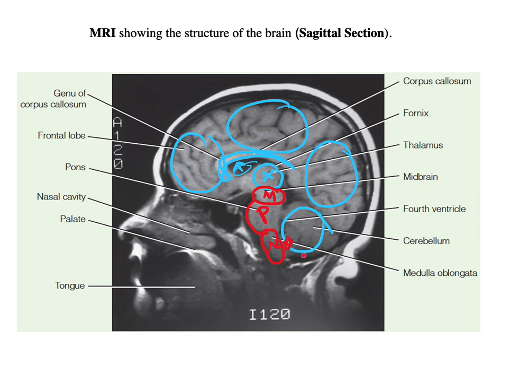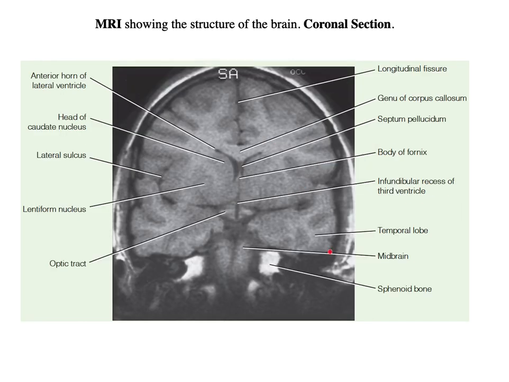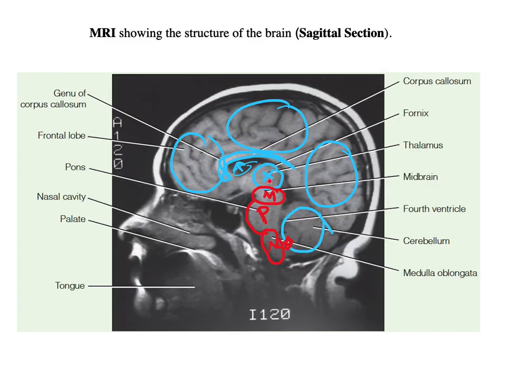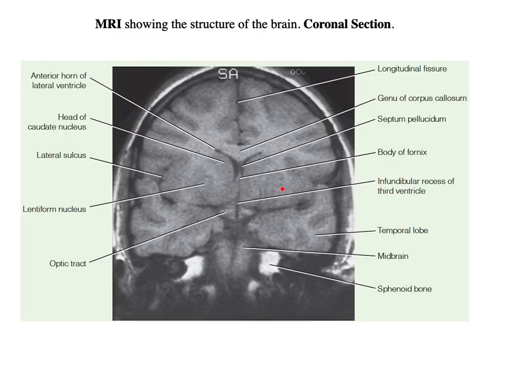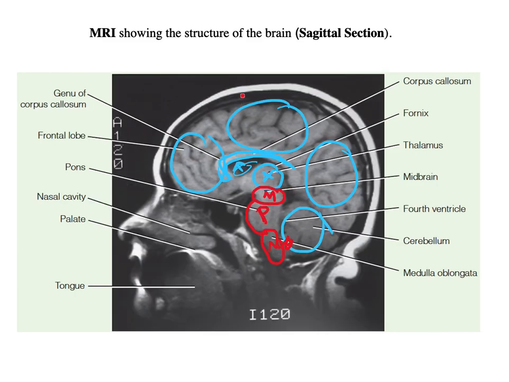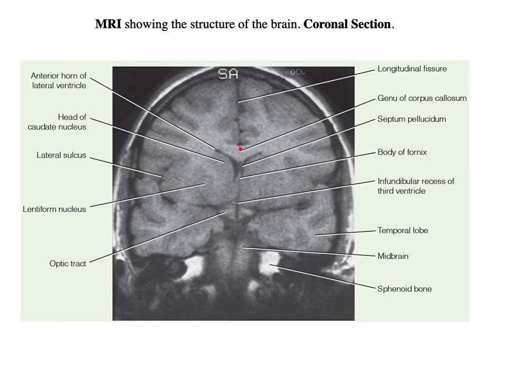What else? This is a coronal section. That means you take a cross section through here, right? Coronal section. Here is the longitudinal fissure, and the right and left cerebral hemispheres, mainly the frontal ones, I think.